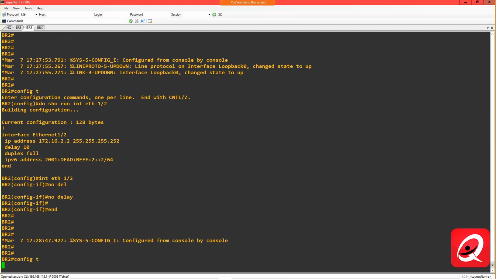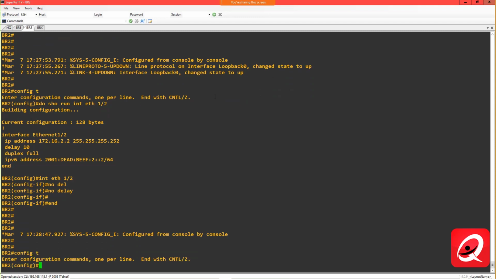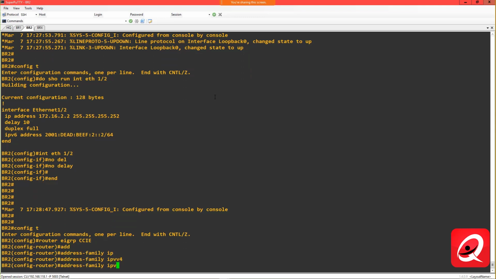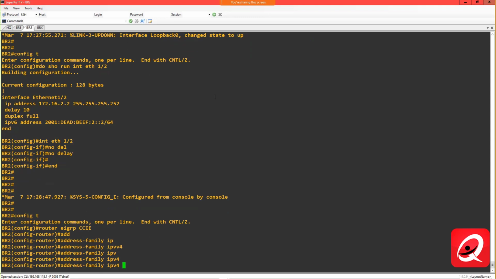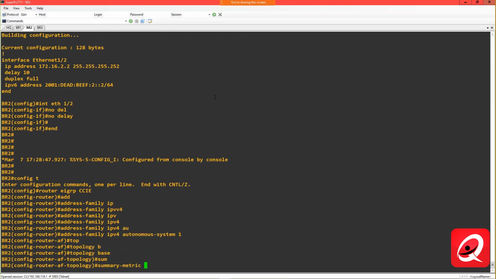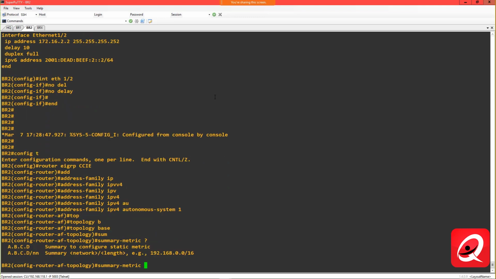So with named mode configuration, we actually have the ability under our topology base to specify a seed metric for the summary. So let's go into router EIGRP CCIE and address family IPv4, autonomous system number 1, topology base, and we have the summary metric option.